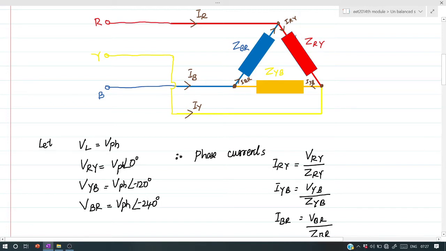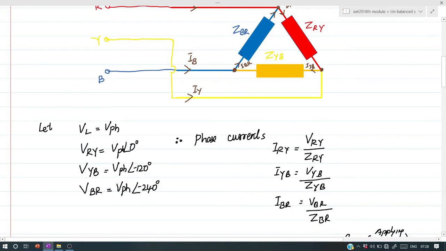As mentioned earlier, the value of the phase current is determined by the corresponding phase impedance, that is, the load impedance. Here IRY is equal to VRY by ZRY, that gives the phase current in R phase. Similarly, the phase current in Y phase is IYB, which is equal to VYB by ZYB, and IBR is equal to VBR divided by ZBR.